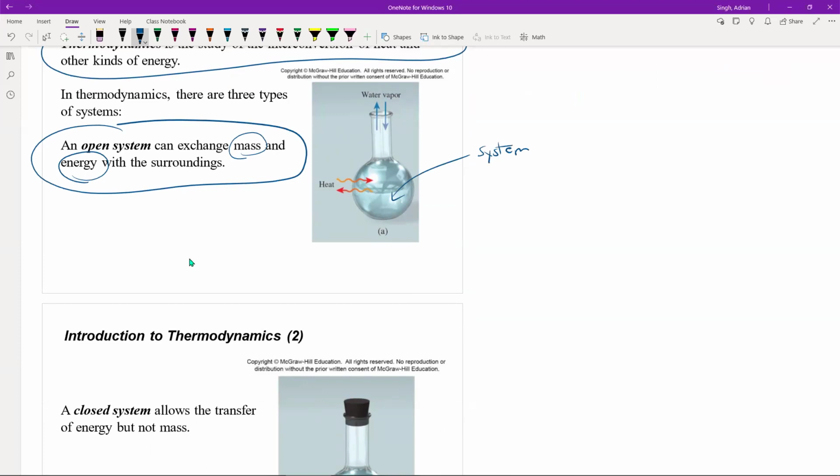But then if this is left open to the atmosphere up here, and let's say we boil this, for example, water can actually escape. So now it's exchanging mass with the surroundings as the water vapor leaves, or in some cases, the water vapor condenses and falls back in. We refer to this as an open system. So both mass and energy can be exchanged with the surroundings.